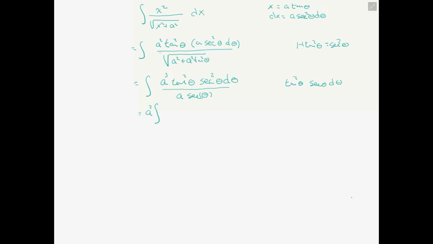So if we use u equals tangent theta and du equals secant squared theta d theta, we end up with an integrand of u squared du, and we have secant theta would be square root.